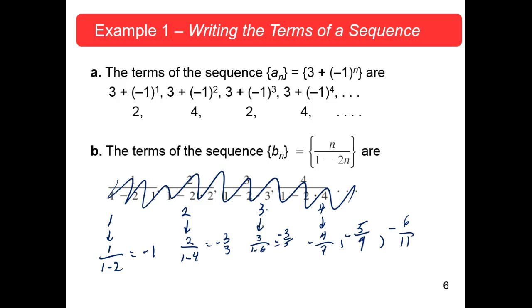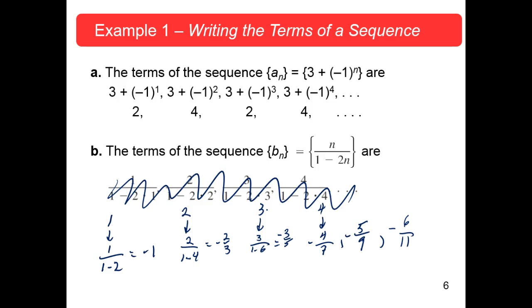Okay, yeah, I think so. All right, the next one would be negative 7/13. Next one? Negative 8/15.